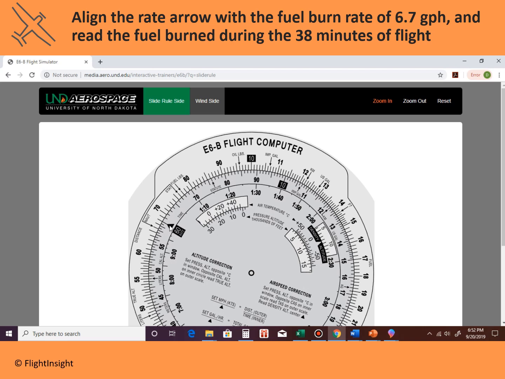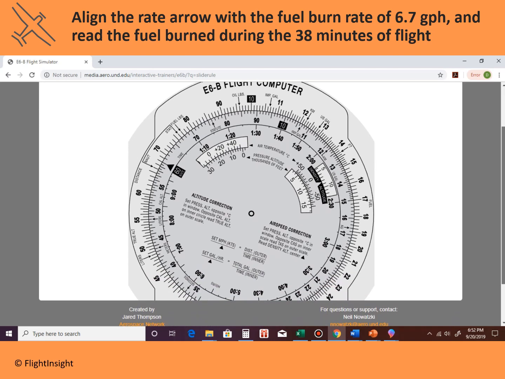Now what I want to do is I want to move over and see if I burn 6.7 gallons in 60 minutes, how much do I burn in 38 minutes? I'm going to have to scroll down a little bit. So here's 40 minutes, 39 minutes, 38 minutes, and you see right there that it's going to be just shy of what would be the 4.5 gallon figure. So that's 4.5, that's 4.4. That's about 4.3 gallons that I'm going to burn.